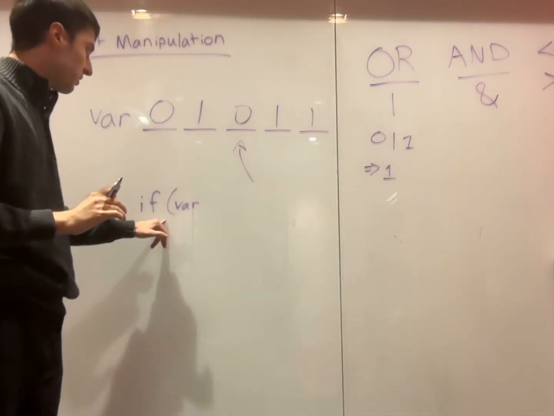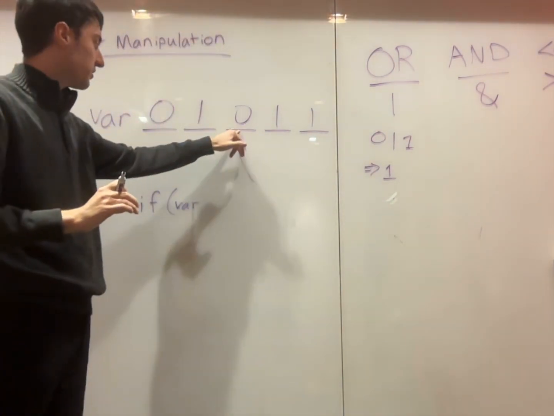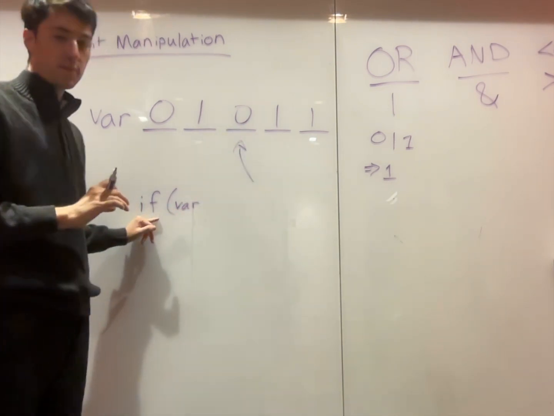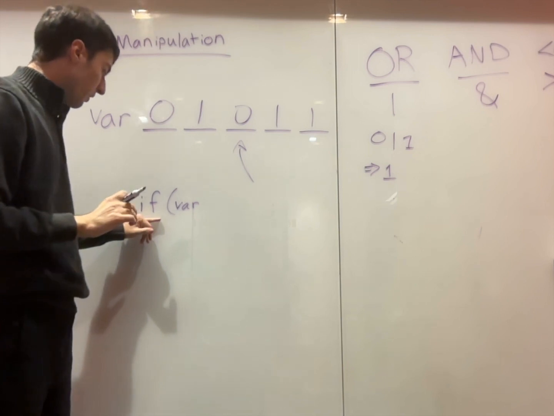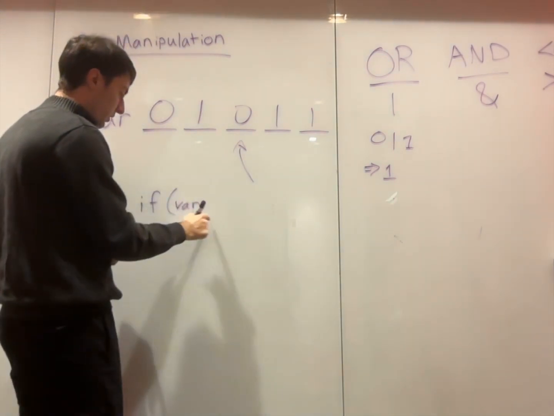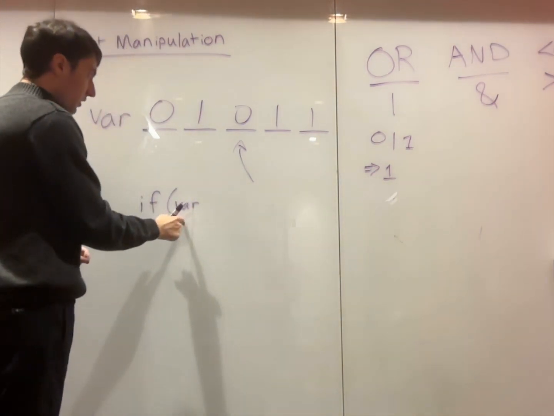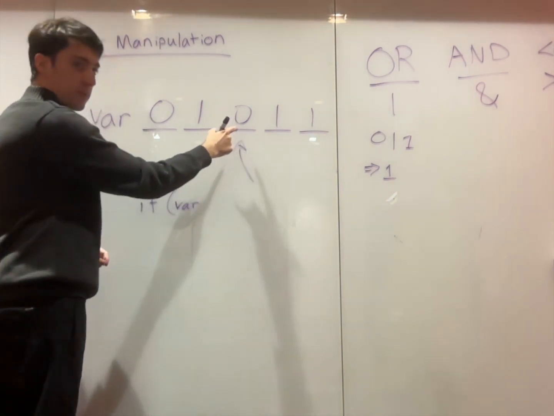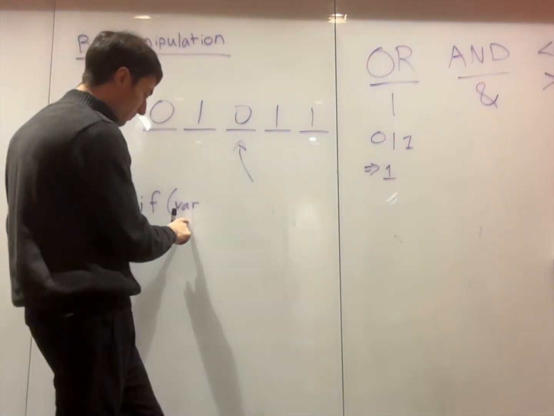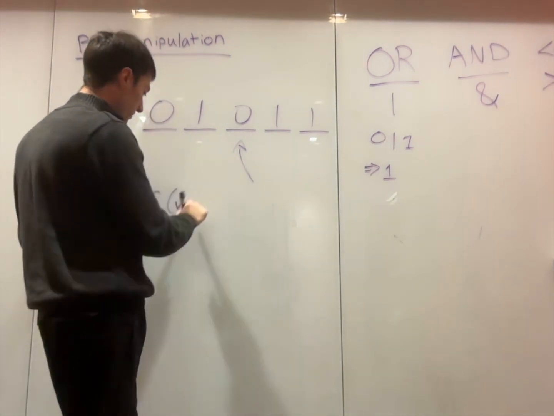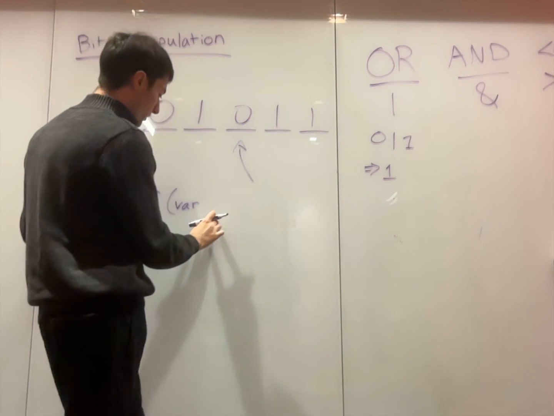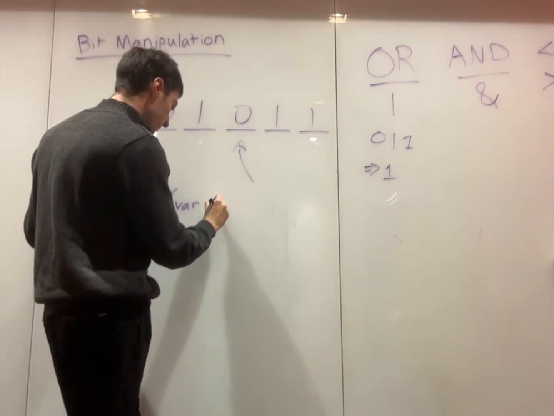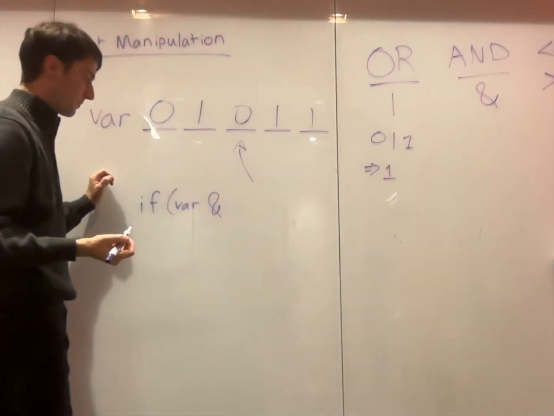I want to find out if this is a 0 or a 1. I want this if statement to evaluate to 1 if this is a 1 and 0 if it's a 0. So var, and then the ampersand sign.